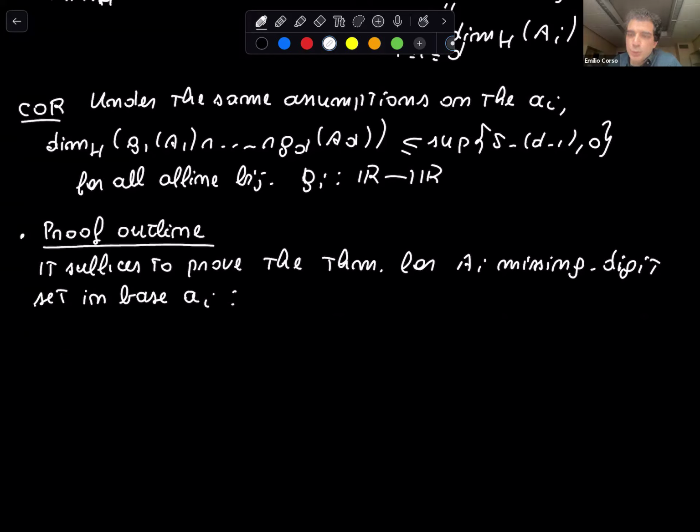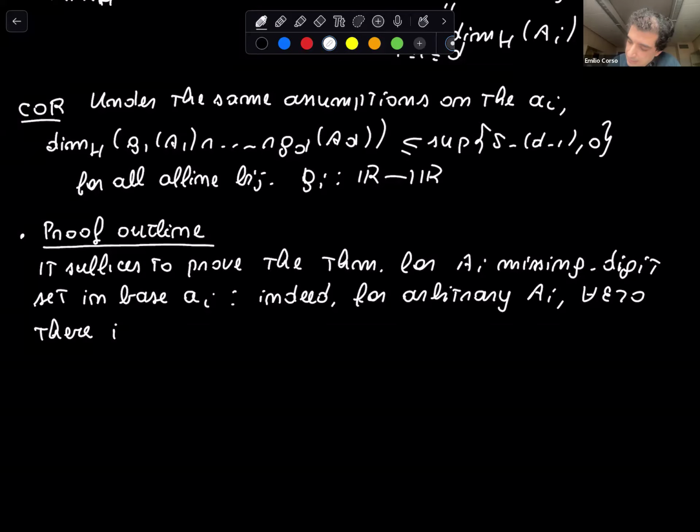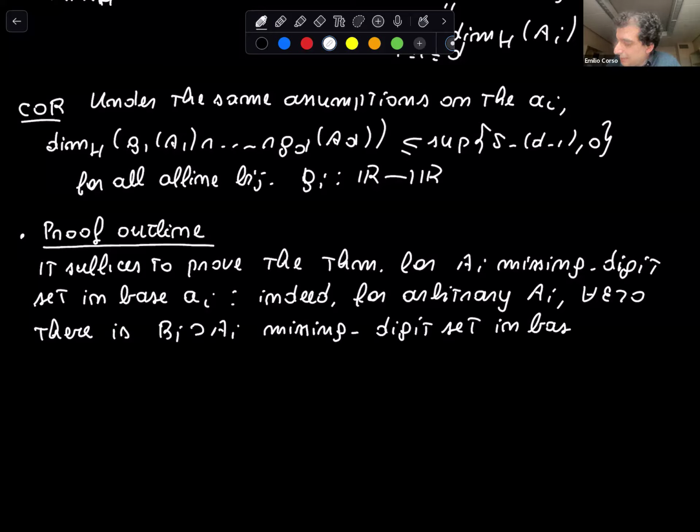Why is that? Well, using the symbolic coding of the dynamics, it's not so hard to show that, indeed, for arbitrary closed invariant AI, again using the symbolic coding, for every epsilon there exists a missing digit set BI which contains AI, and is a missing digit set in base, well, not necessarily. If you really want to approximate it as close as possible, you have to allow for powers of a_i.